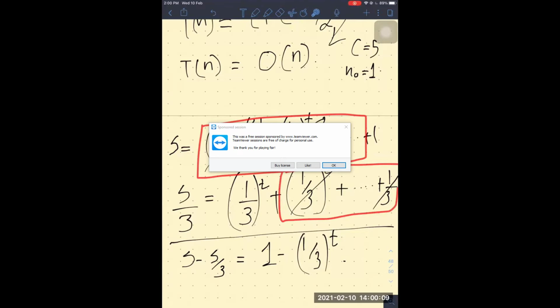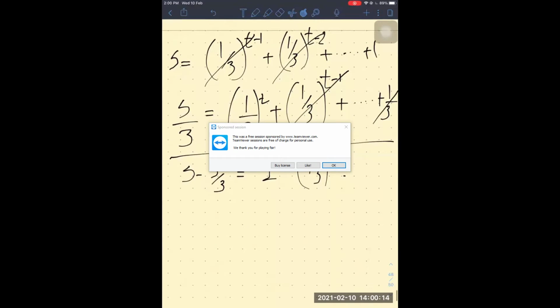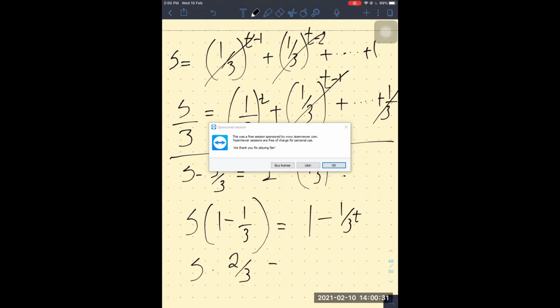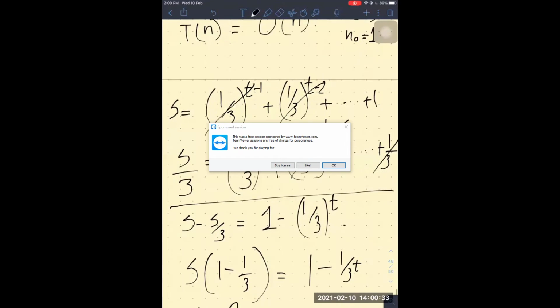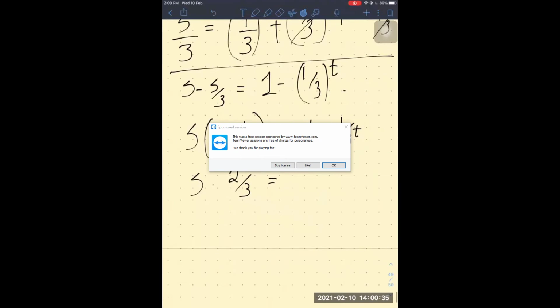Okay, so from this equation, we can write that we can take s as common factor, and we will get 2/3 of s is equal to 1 minus 1 divided by 3 to the power t.